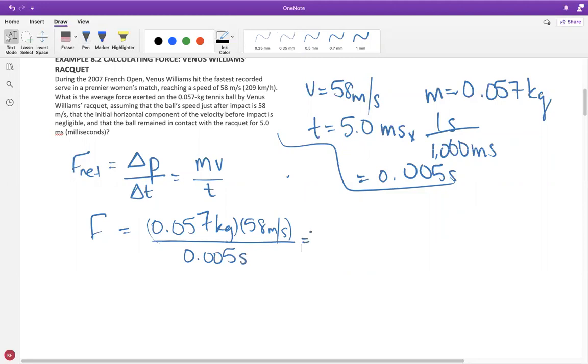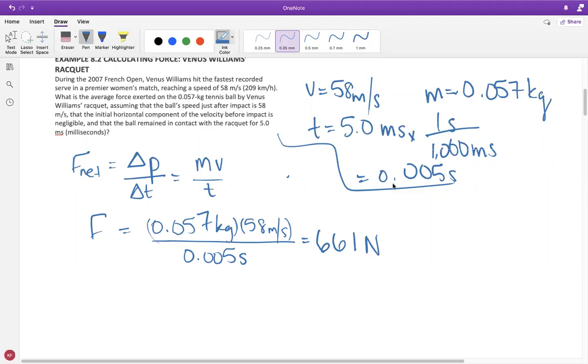Okay, so we have 0.057 times 58 divided by 0.005. And we get our force is 661 newtons.